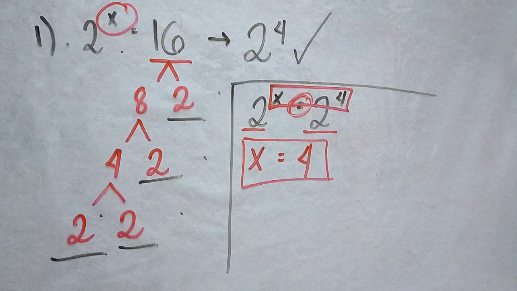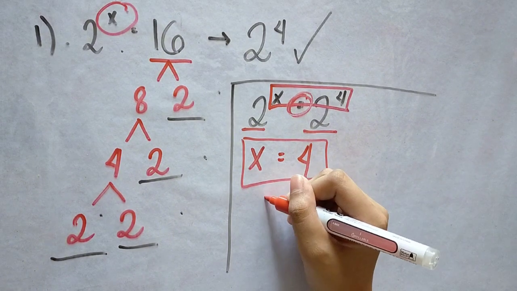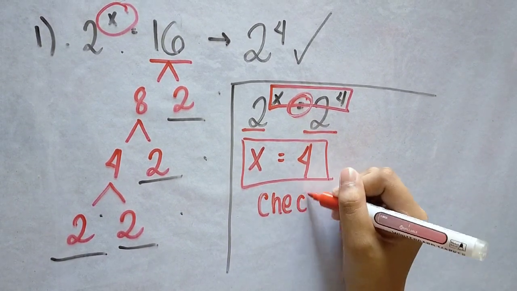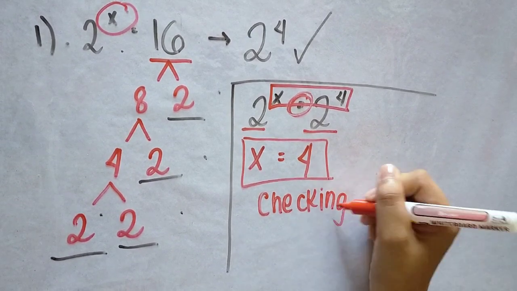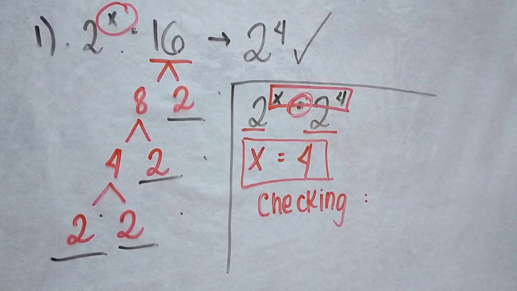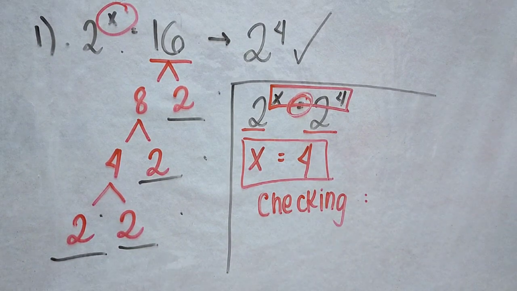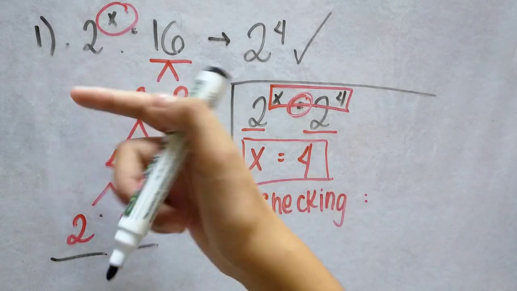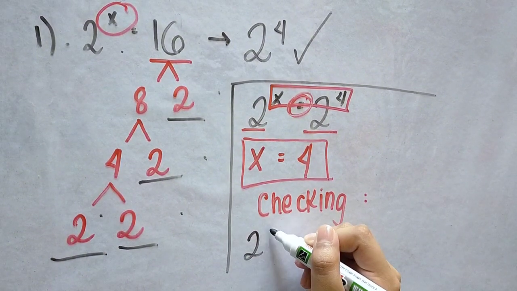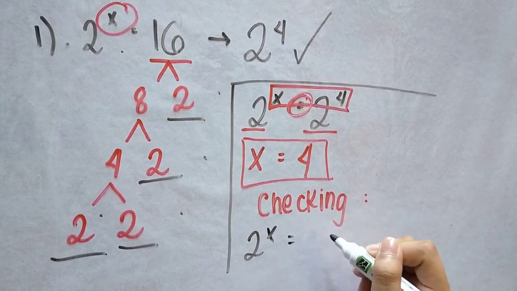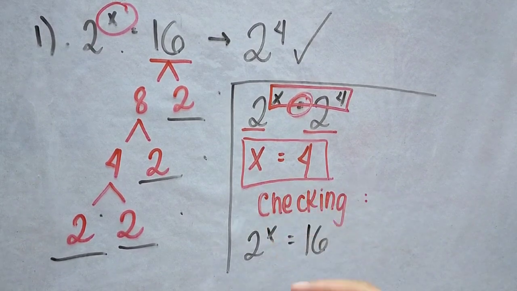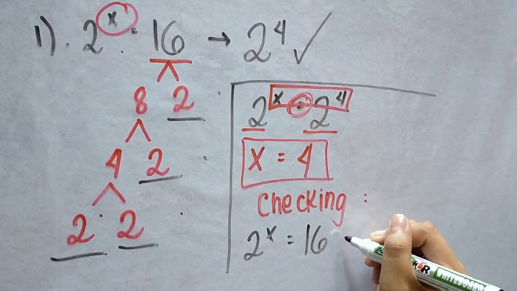So, dito papasok yung tinatawag nating checking. So, gaya ng sabi ko kanina, we are doing checking para makita kung tama ba talaga yung ginawa natin. So, kopyahin natin to. 2 raised to x is equals to 16. Gaya ng sabi dito, x is equals to 4.